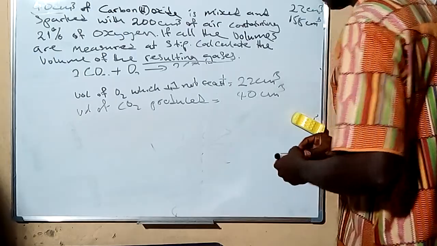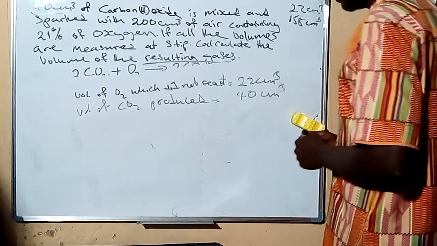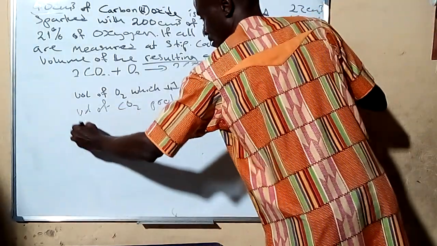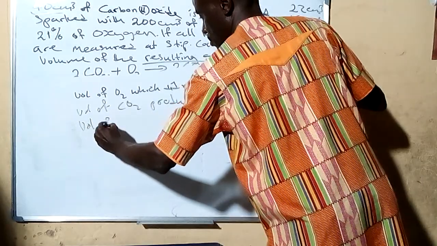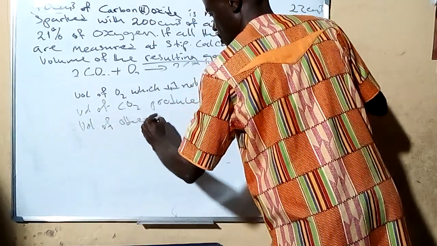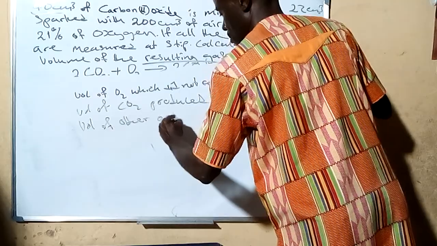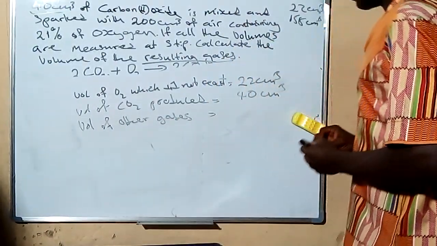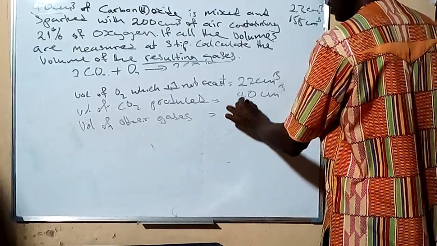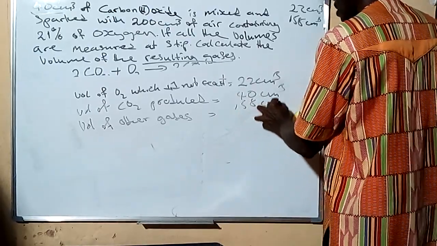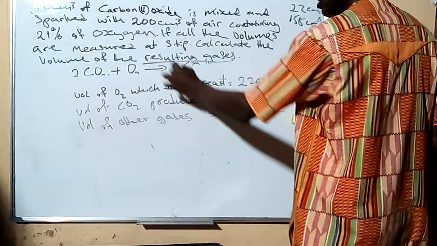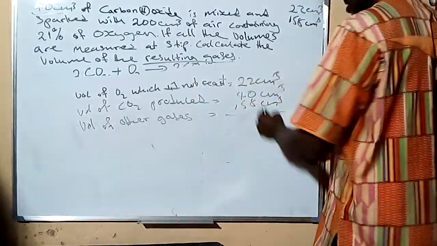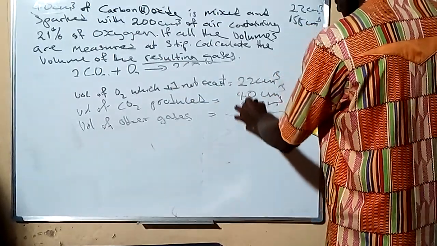Then the next one we have here is the volume of other gases, gases like noble gas and nitrogen, all of them make up this one. So the resulting gas is going to be the addition of all these things that we have here.